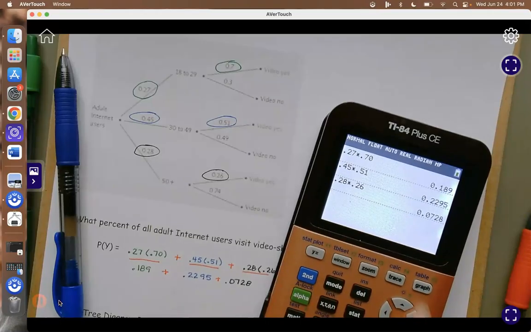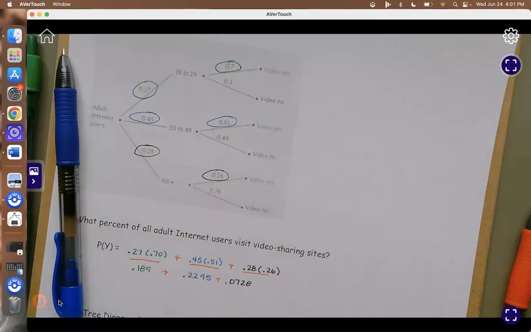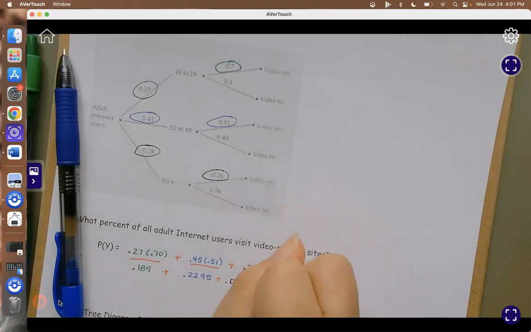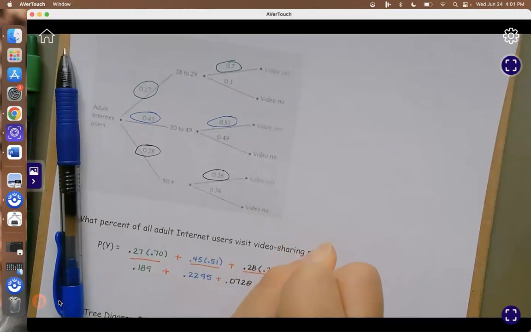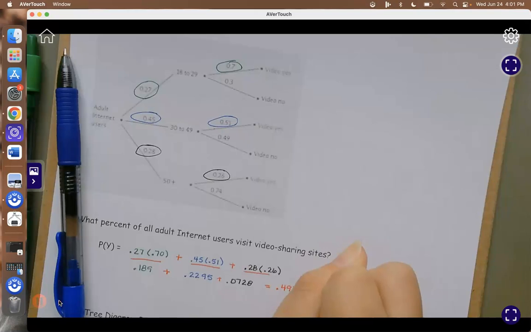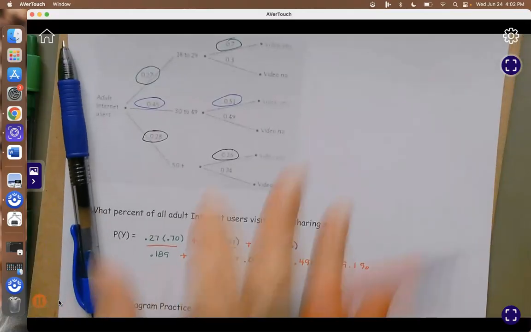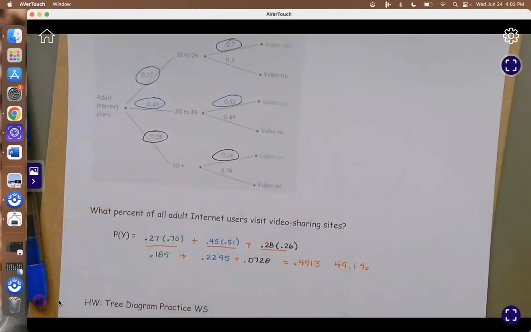Now, if we add these three values together, we're going to get 0.4913. So that would mean 49.1% of adults from ages 18 and over have visited internet video sharing sites at that time when this was taking place. Okay, easy peasy lemon squeezy.